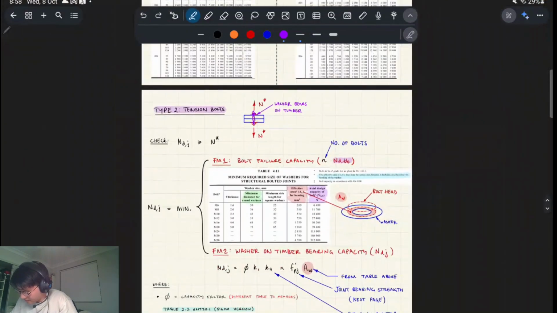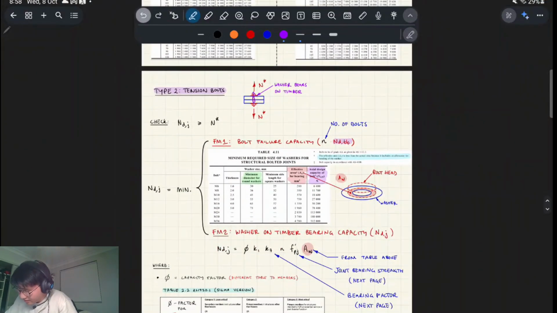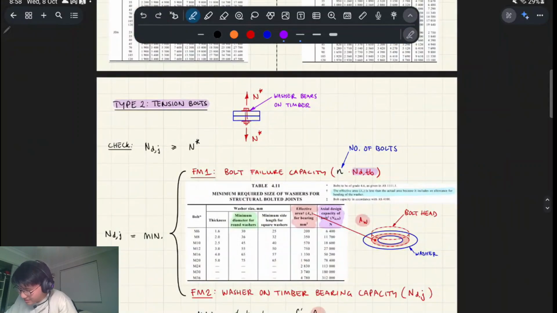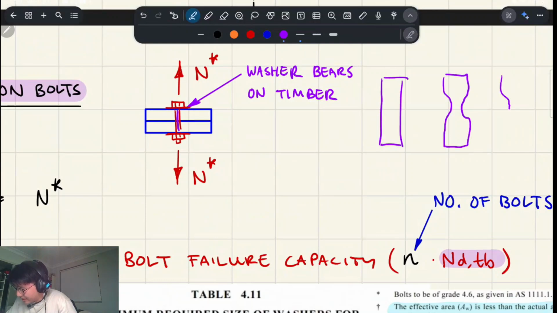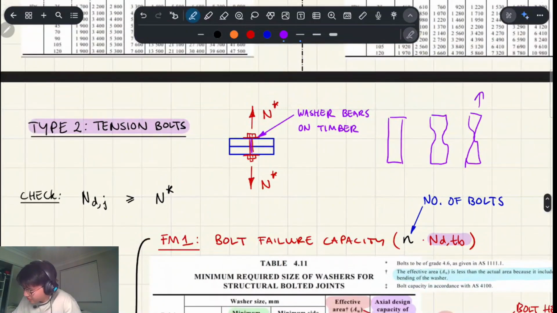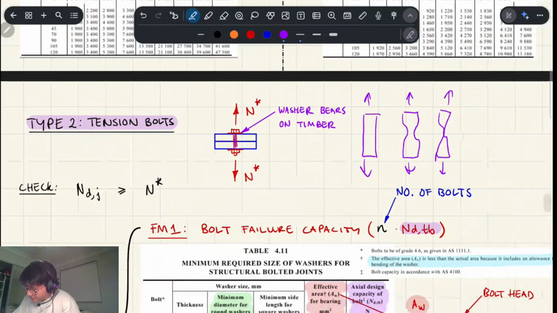Basically the bolt itself is going to break, because it's made out of metal. If we're just focusing on the bolt shaft, it's going to experience necking like this, and then eventually snap and break in tension. That's what's happening in that first failure mode.